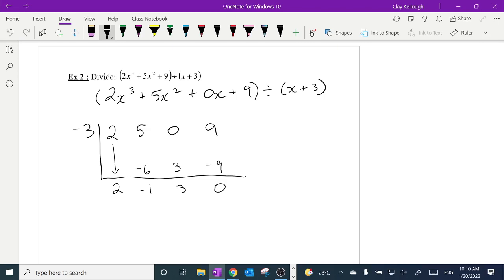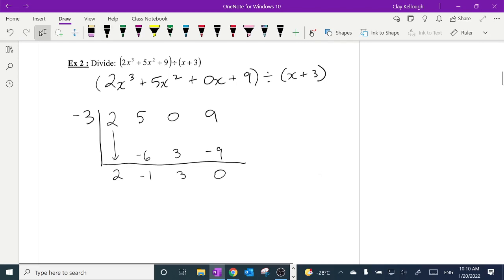Ooh. What's this tell us again? If there's no remainder, that is a factor. So once again, my answer when I divide is 2x squared, because that 2 is right there, minus 1x plus 3.